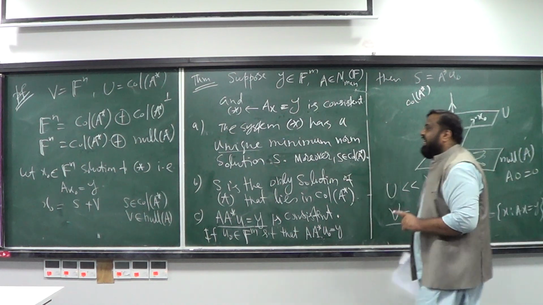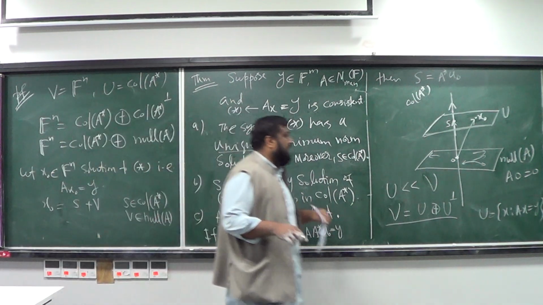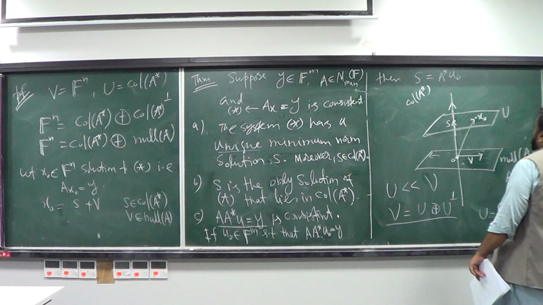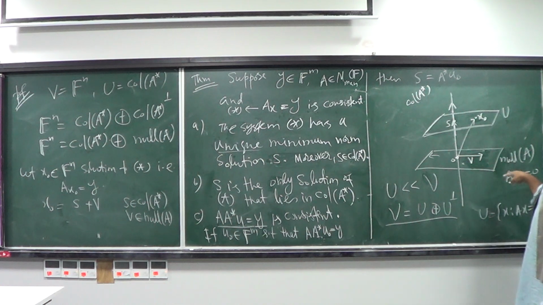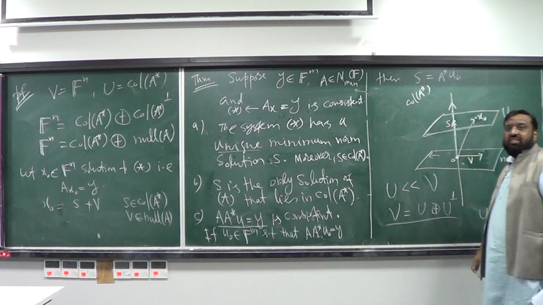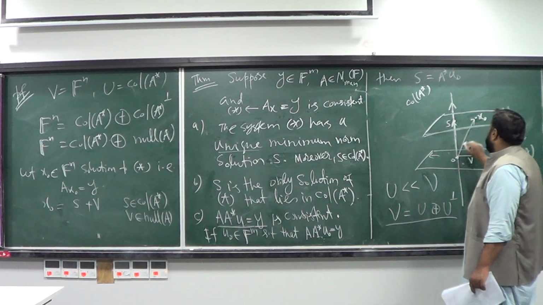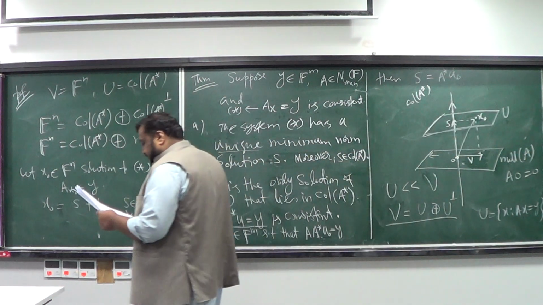Then this x naught can be written as a sum of a vector S from the column space of A star and a vector V from the null space of A. So x naught can be written as V plus S.